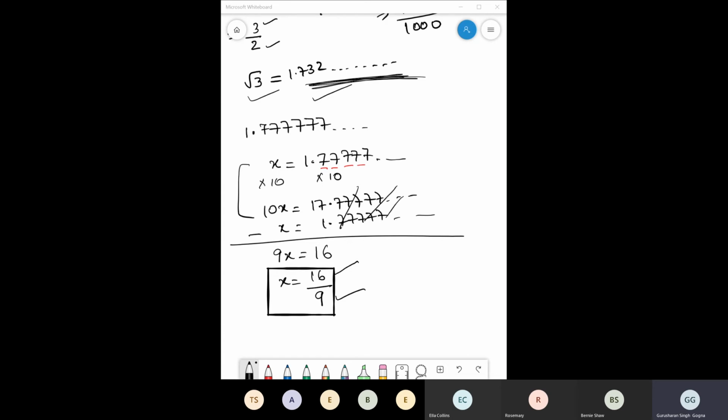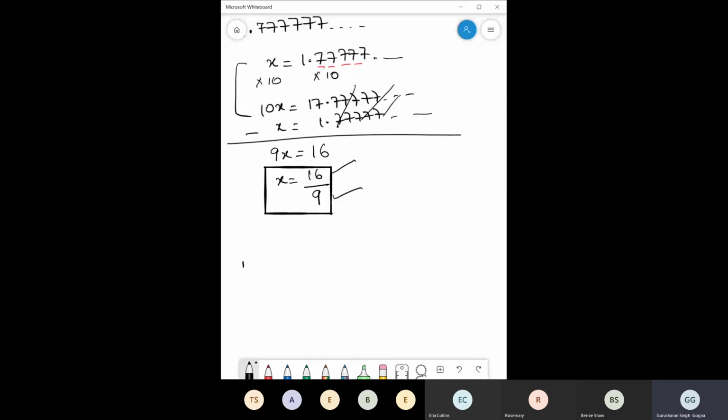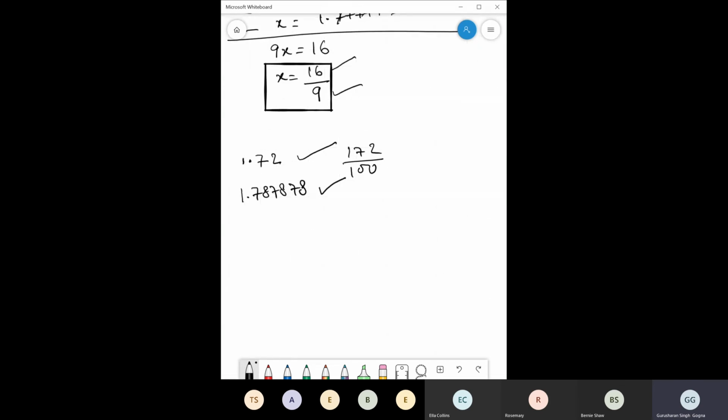So one thing you should clear in your mind is that if the number is written in decimal format, that doesn't mean that it's an irrational number. You need to check whether it is recurring or not repeating. So there are two types of rational numbers. If I write 1.72, it's rational because I can express it as a fraction. And if some numbers have a recurring decimal like 787878, these are also rational numbers because I can express them as a fraction. These are the two types.